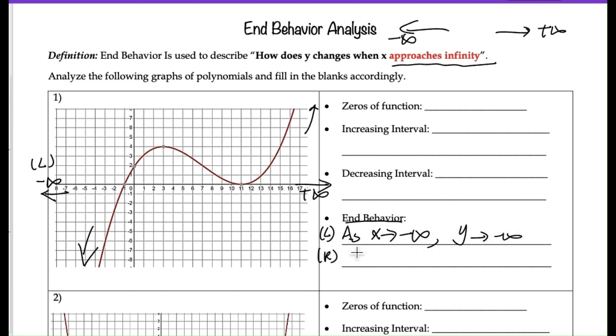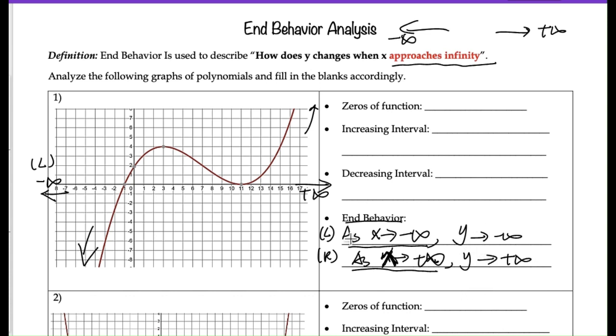And for the right side, x approaching positive infinity, y goes up, so that's why it's positive infinity, okay? That's the math symbol we use to describe the end behavior. These are two statements, always starting with the directions we're going, but y is the major part we need to analyze.